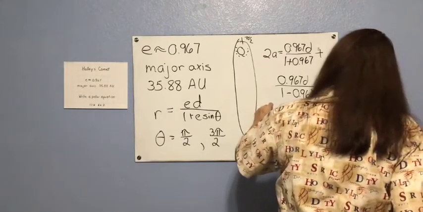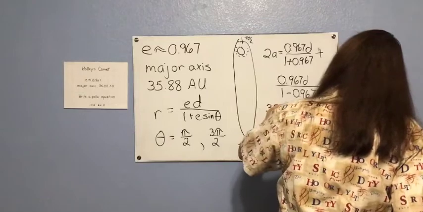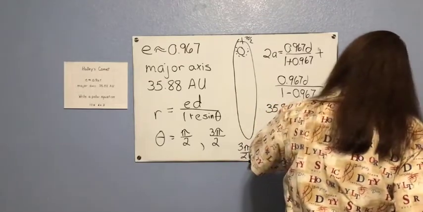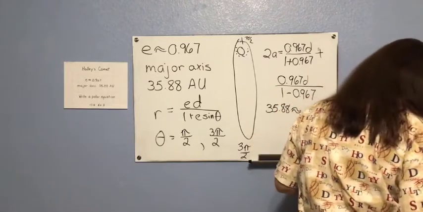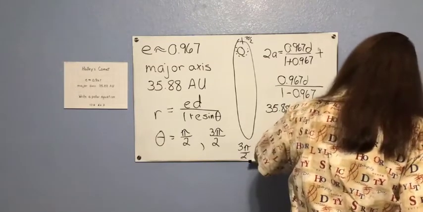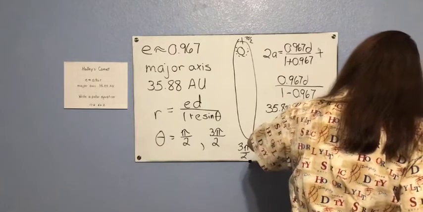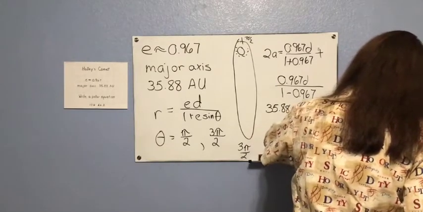So that 35.88 is approximately equal to 29.79d.